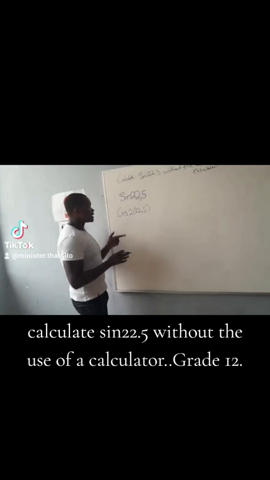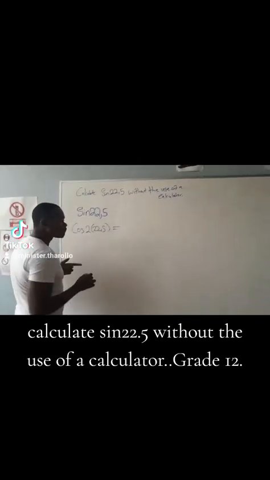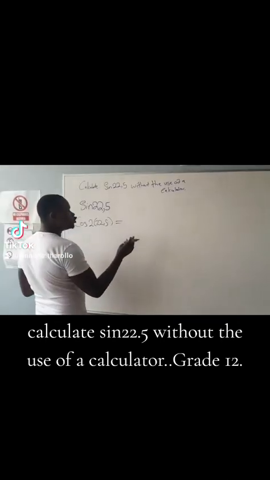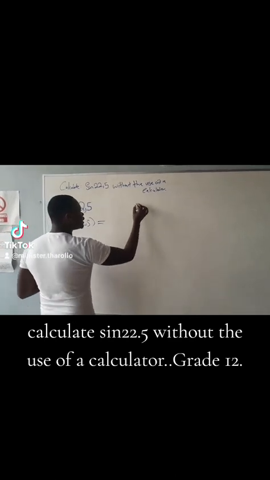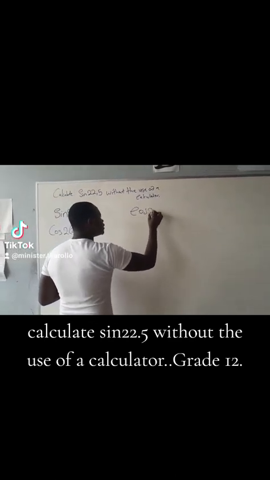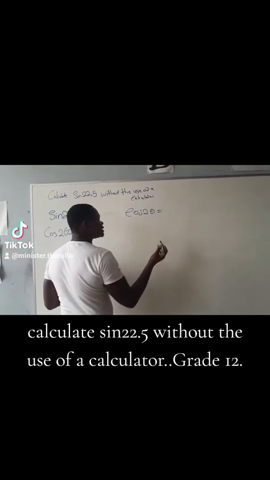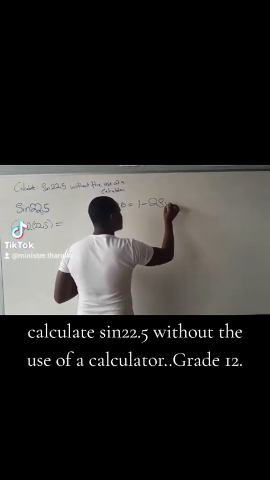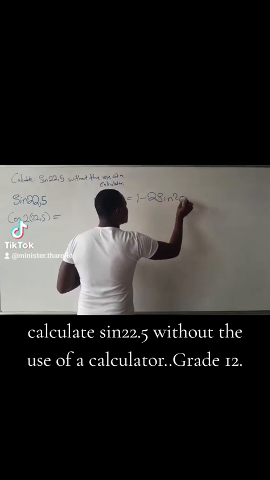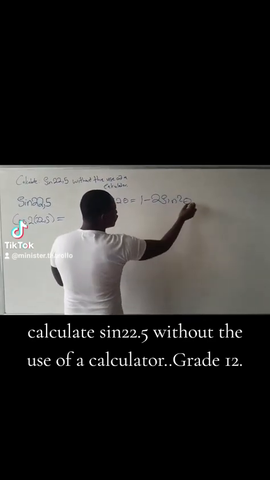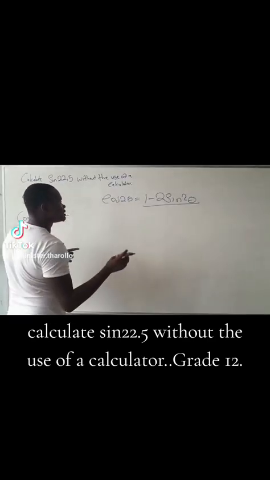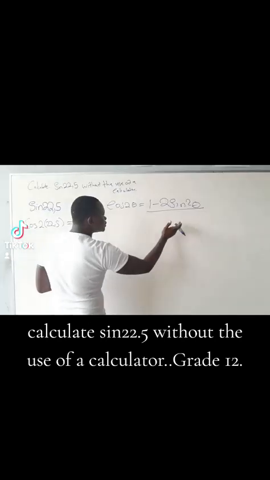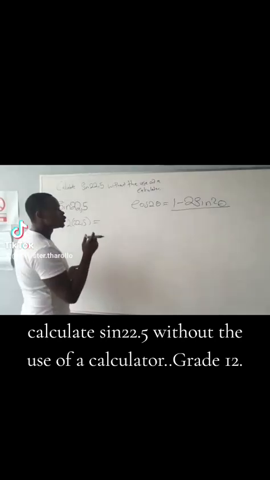If you're given cos 2 theta, you can say this is the same as 1 minus 2 sin squared theta. I will apply this one. The other ones consist of cos, so they won't help us answer this question.